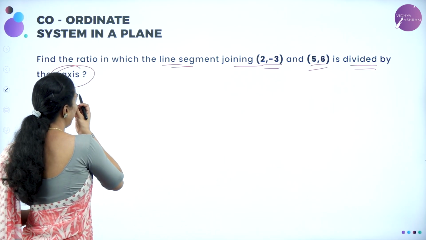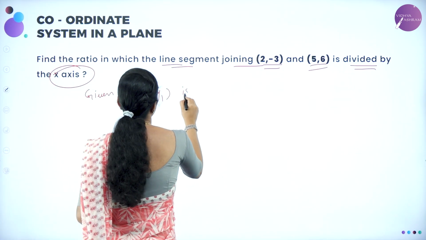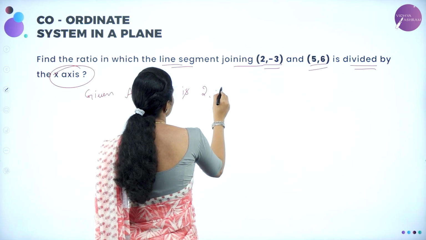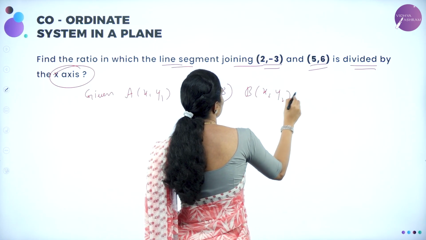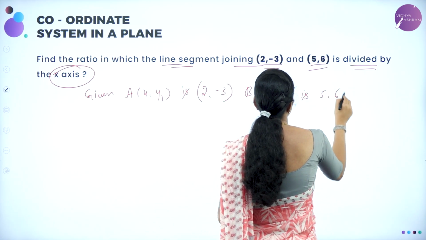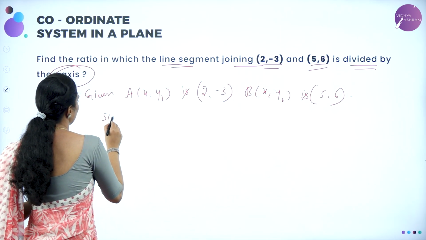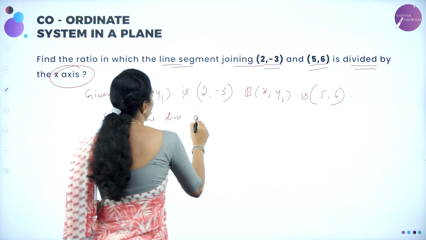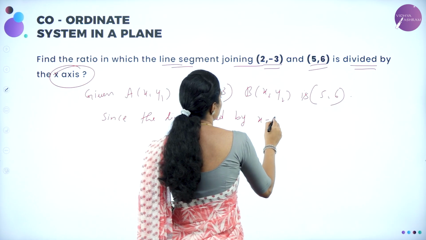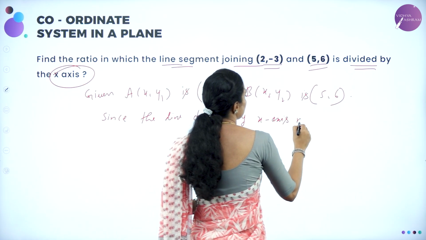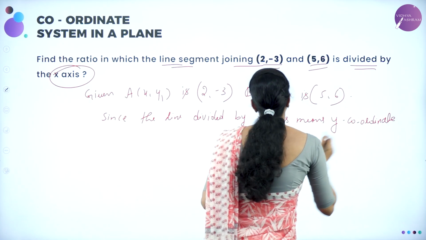We are given A of x1, y1 as 2, minus 3, and B of x2, y2 as 5, 6. You need to find the ratio, since the line is divided by the x-axis, meaning the y coordinate is 0.